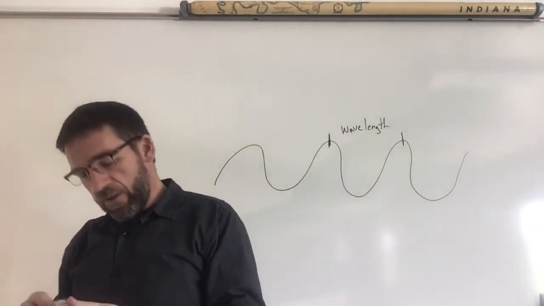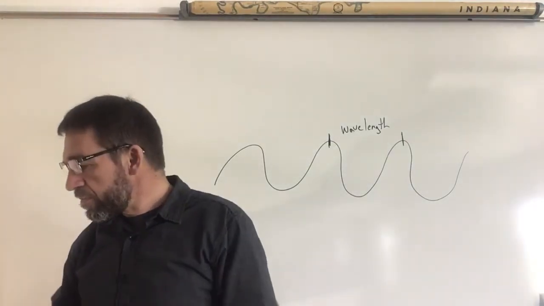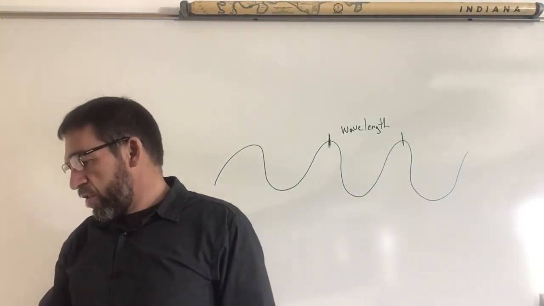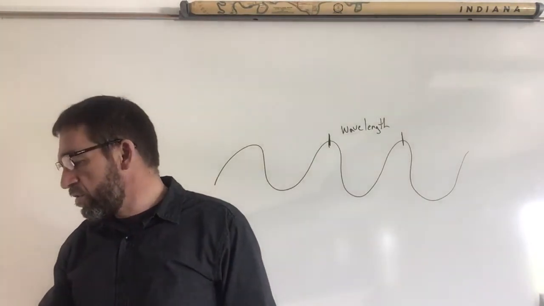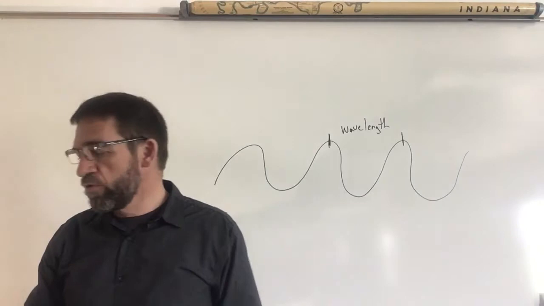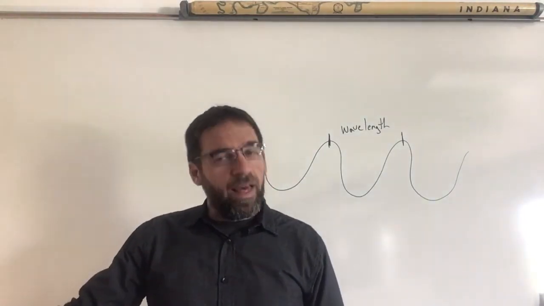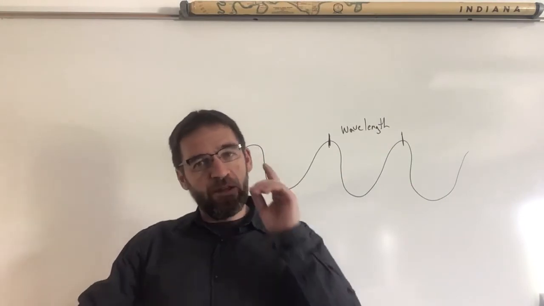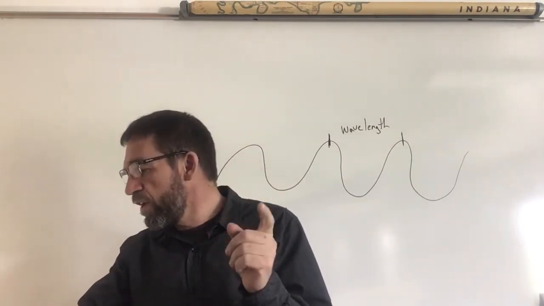Anything like sound or light works the same way. The crest is a high, the trough is a low. Like I told you, there are about 1, 2, 3, 4, 5 black words in the first paragraph there on 341, and they're black for a reason, because they're important. So I talk about crest, trough, and wavelength.